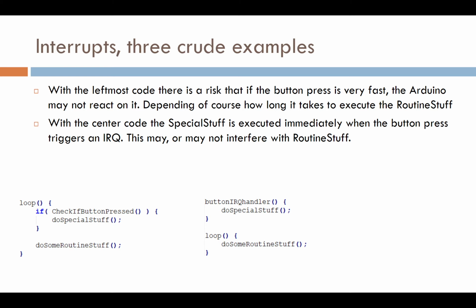There we have the second code which starts already working. So we have the interrupt code which is then executed. There are some mechanisms to say that, okay, this is the interrupt code for the button.